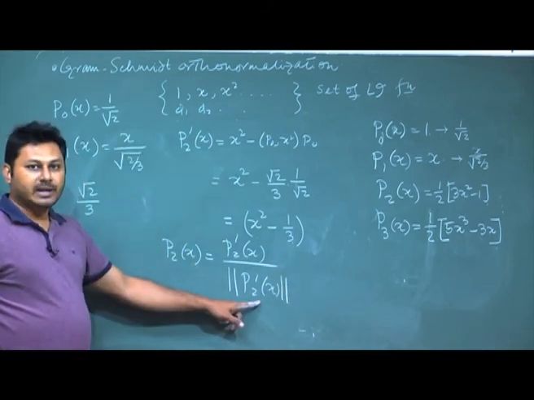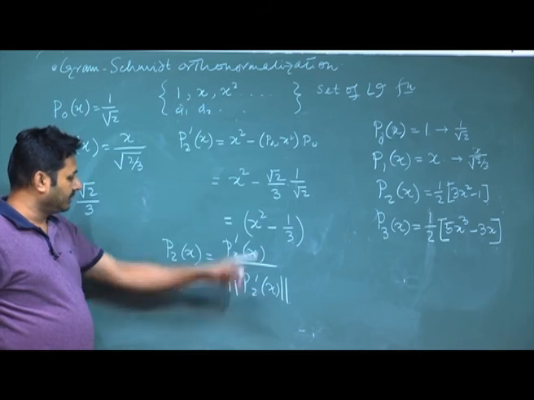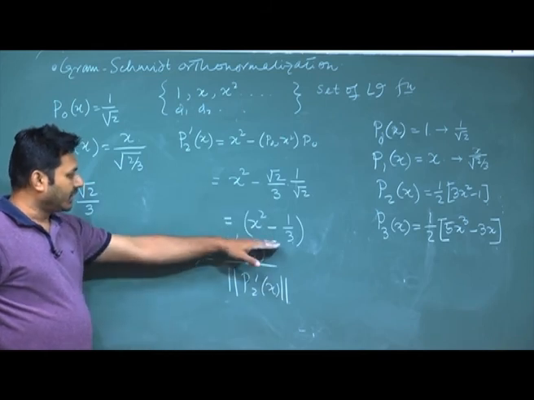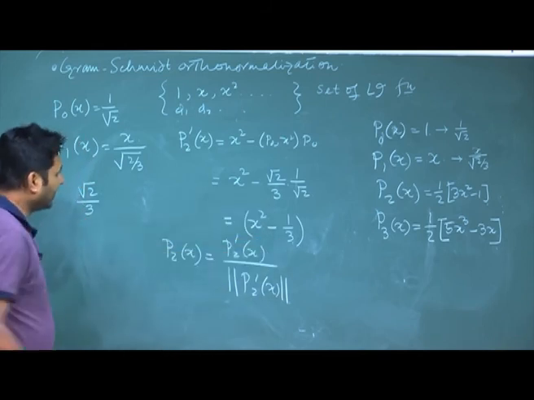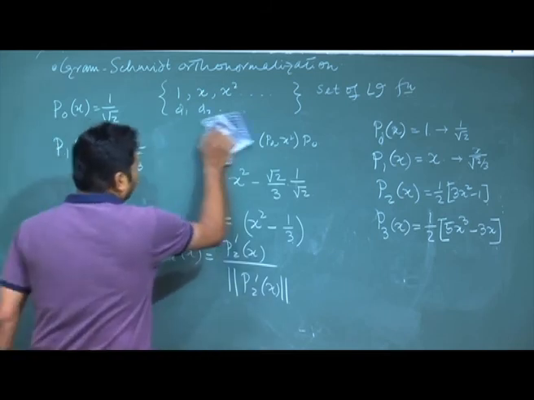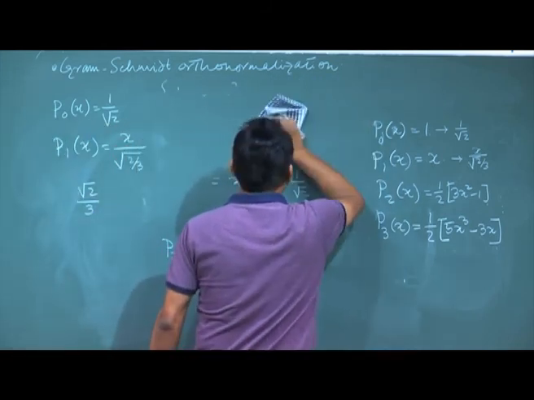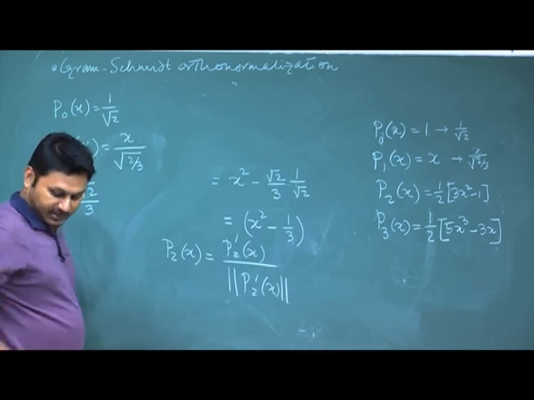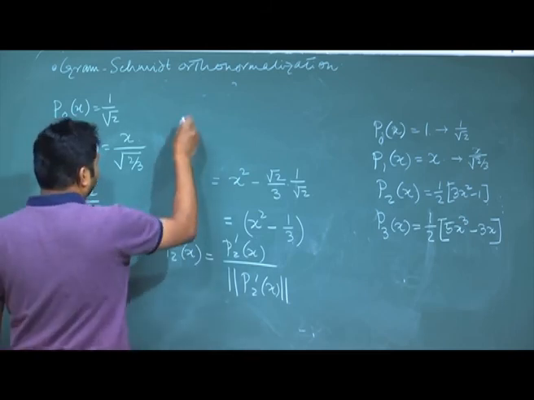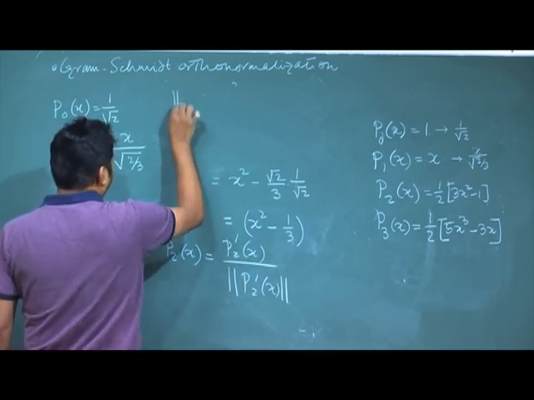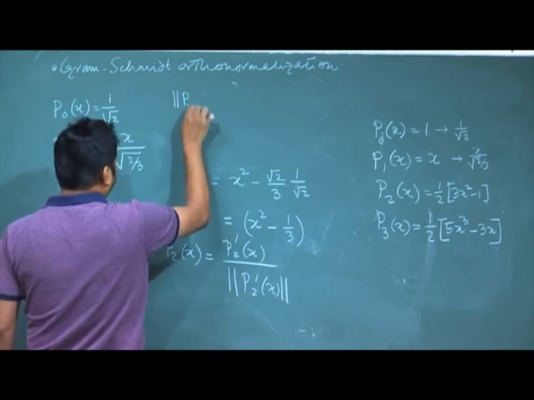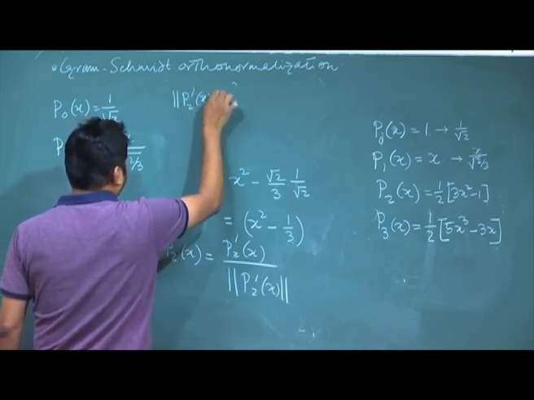So, the norm of P2 prime of x, since P2 prime is given, I can calculate quite easily. Let me do that quickly. I am showing extensively how to calculate these things; I believe you can do that. I first calculate the norm squared of P2 prime of x.